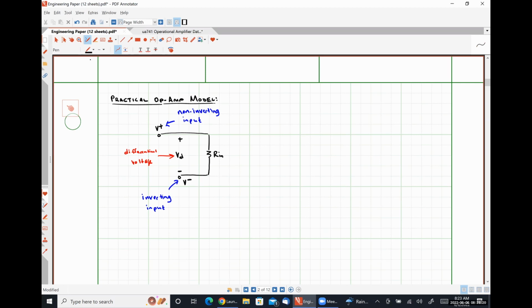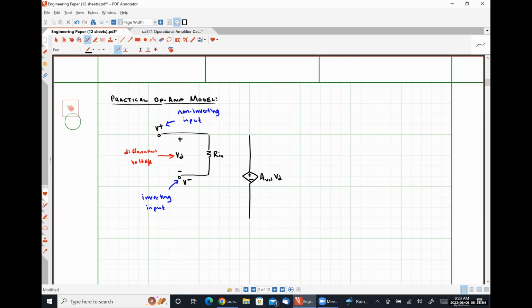Now we'll work on the output side of the op amp model. So I have my dependent voltage source. In this case, it's going to have a gain of AVOL, so it still has an open loop gain. But instead of acting on V plus or V minus, because it's a differential amplifier, it acts on our differential voltage VD.